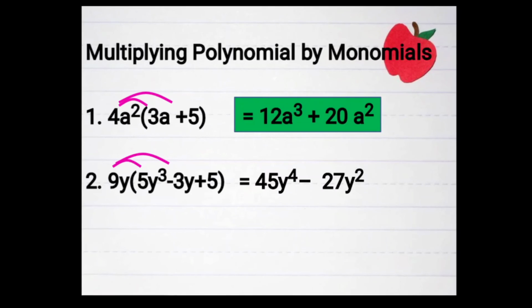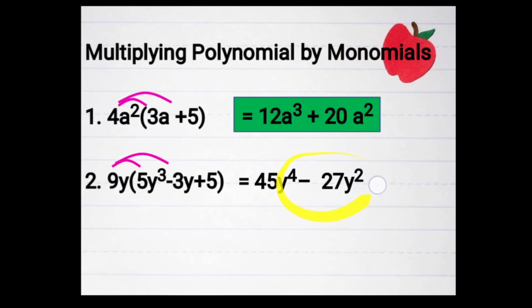So 1, the exponent of y, plus 1, the exponent of y, that is 2. So y squared. That's why we have negative 27y squared as our second term.